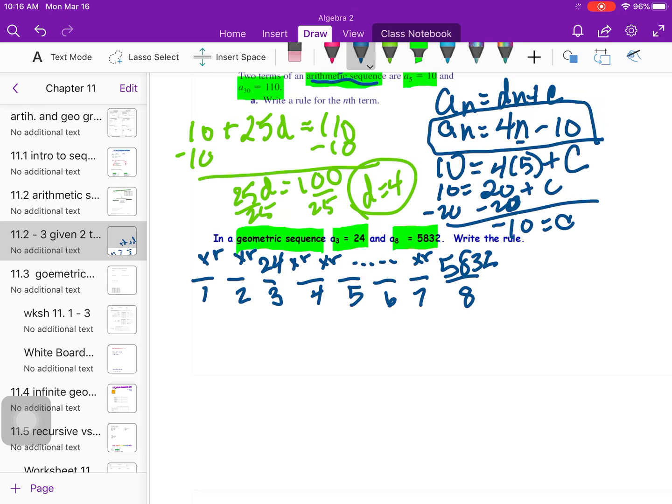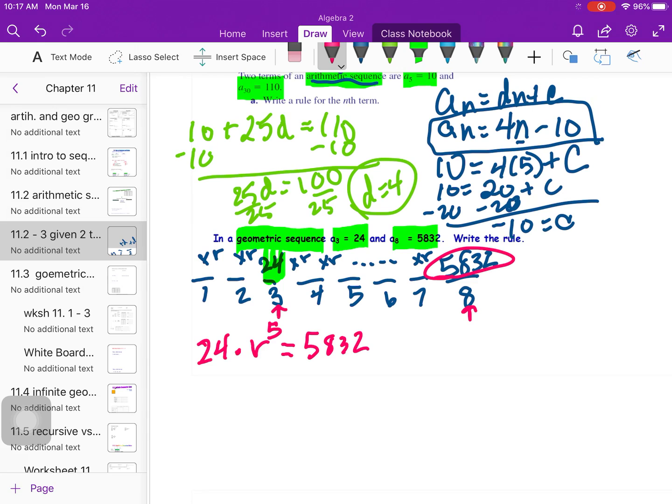So in this case, I am starting with 24 times r. Well, from the third to the eighth term is 5 r's. So it is r times r times r times r times r, which means r to the fifth. And that will equal my last term of 5832.